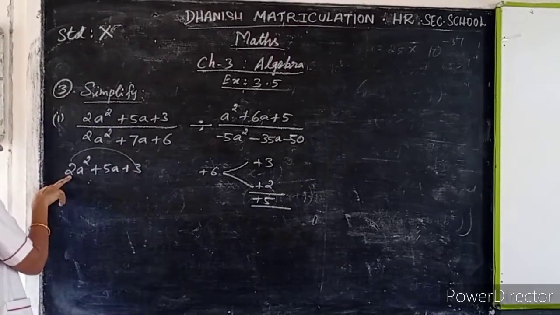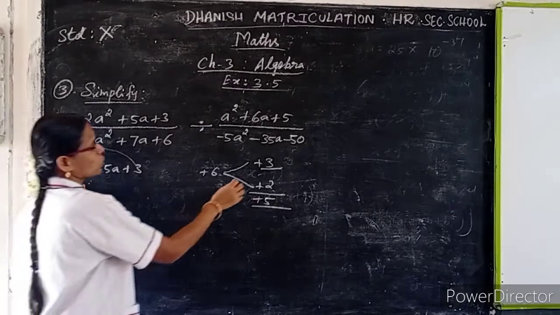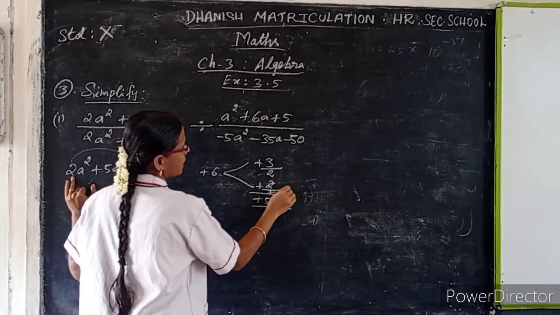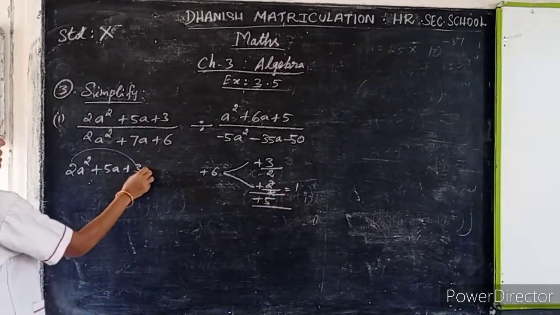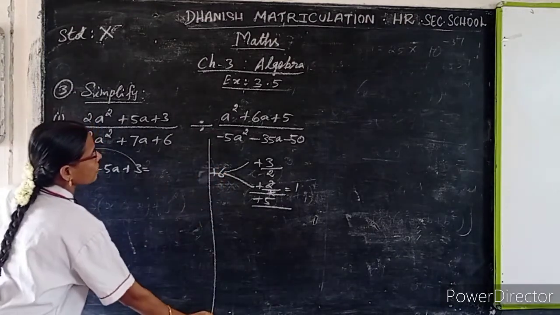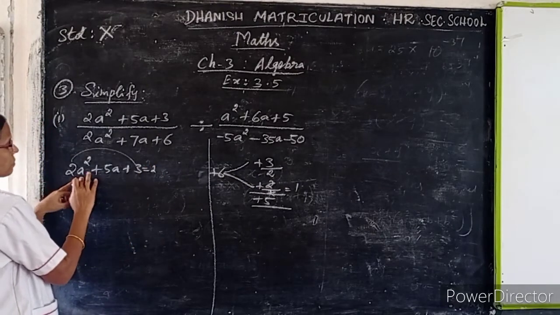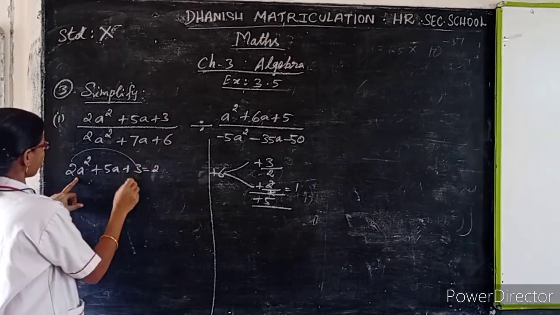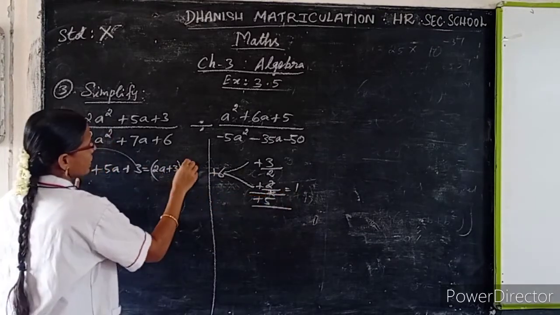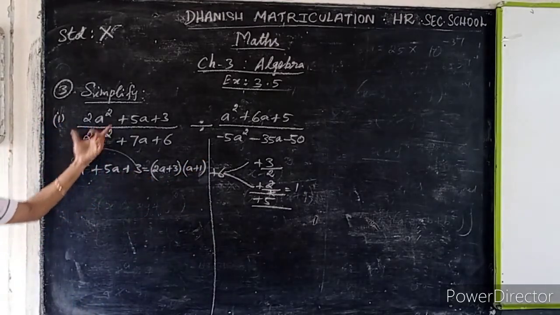So here the coefficient is other than 1, which means divide these multiplicative factors by 2. 2 2s get cancelled, 1. So this term can be written as, the denominator is 2, it is quadratic in terms of a. So the first factor is 2a plus 3 into, here the denominator is 1, so write simply a plus 1. These are the factors for this expression.